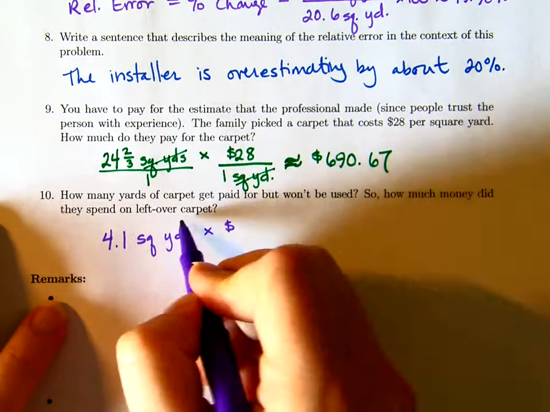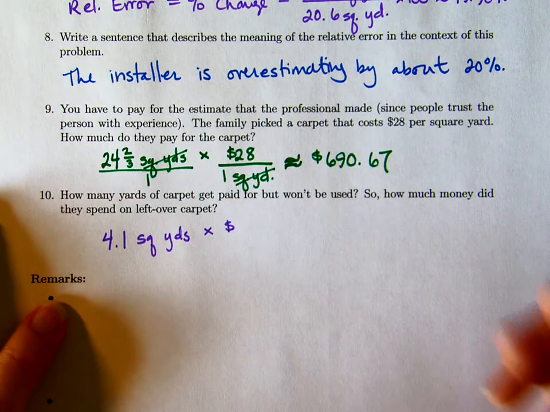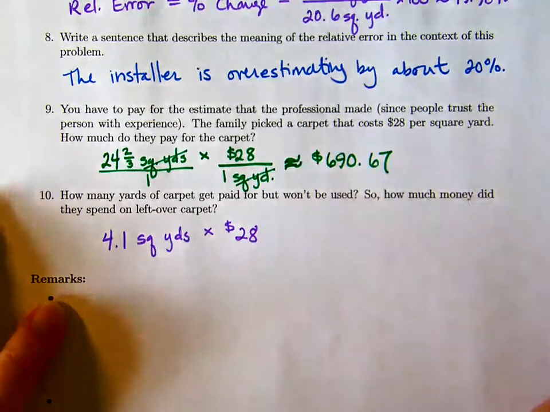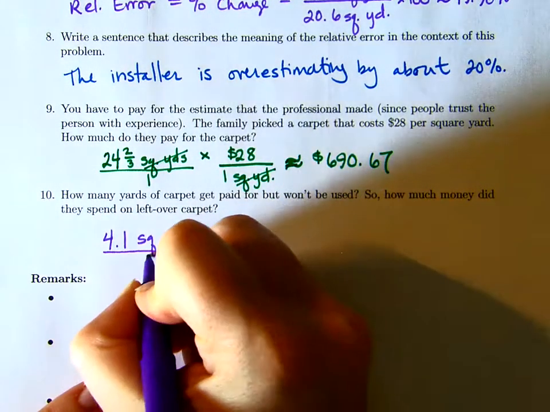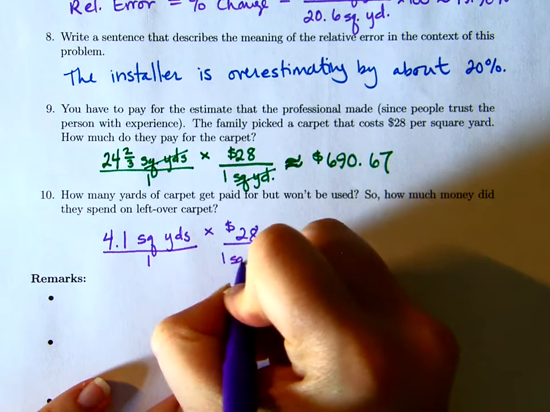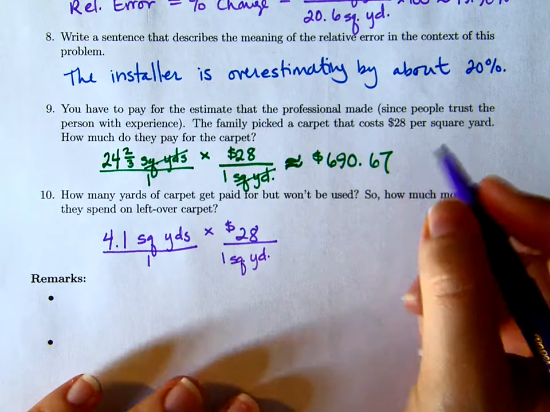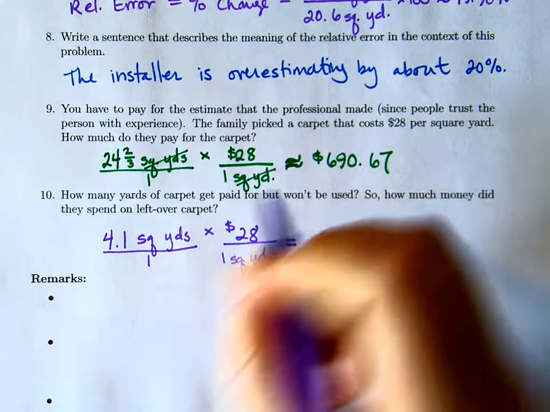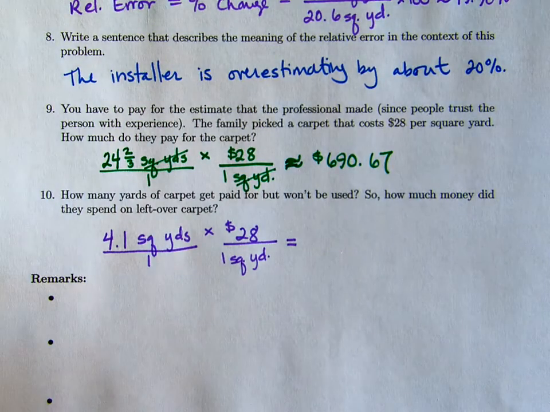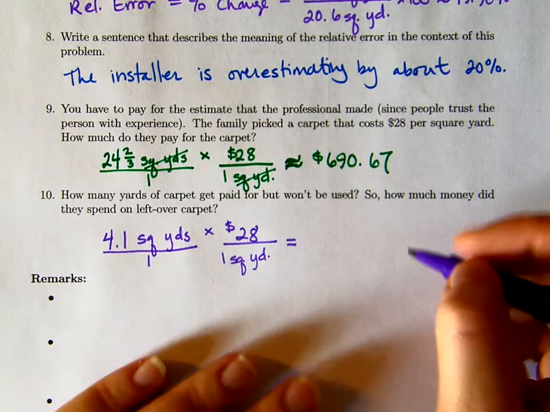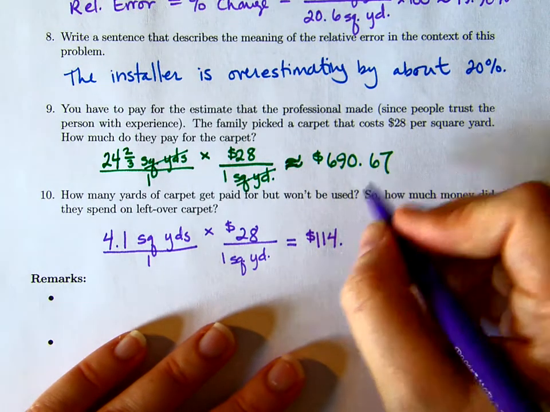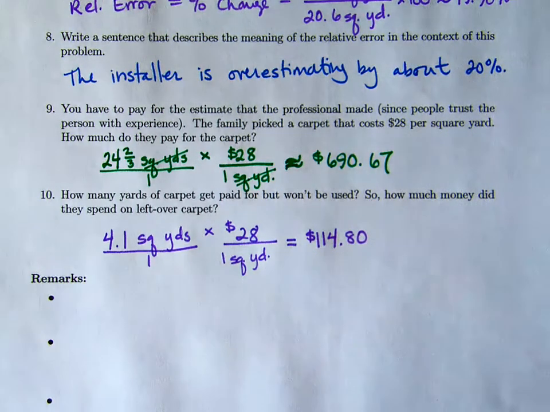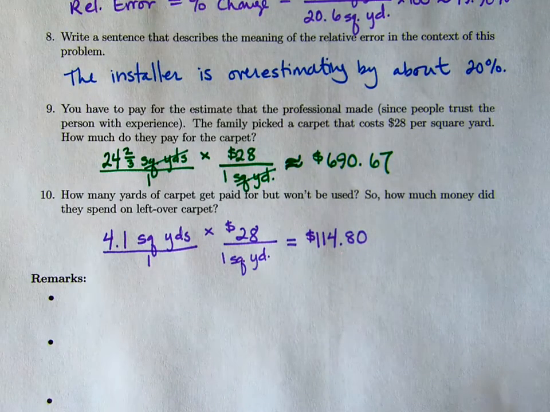And how much money did you spend on that? Well, you spent $28 for each square yard of that. So, about $114.80.